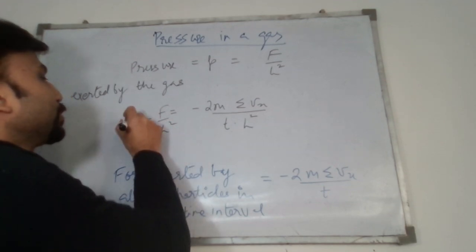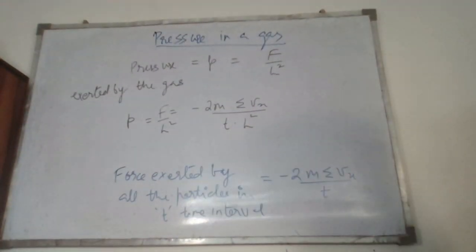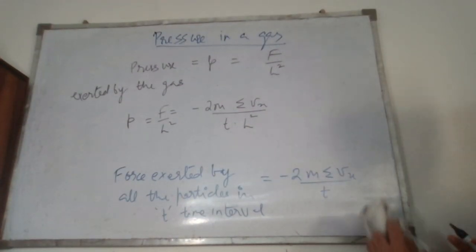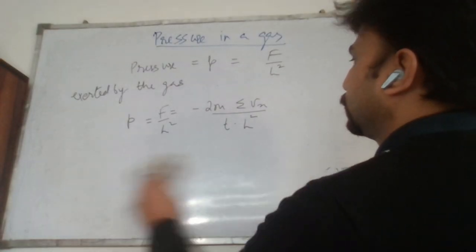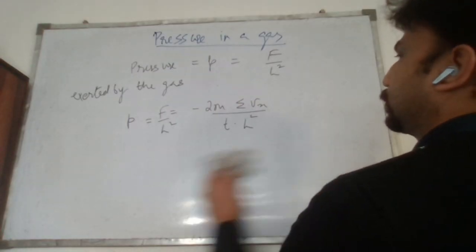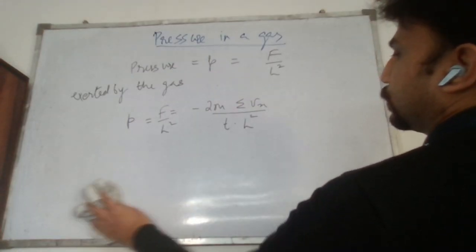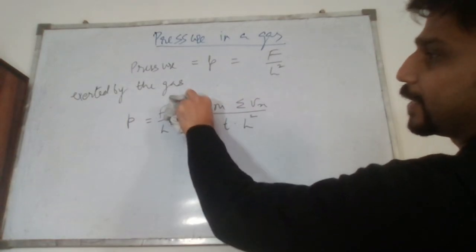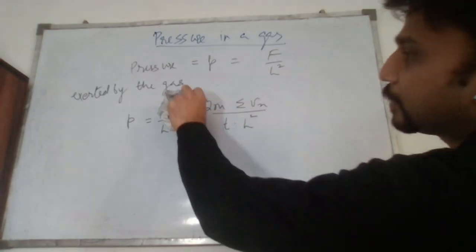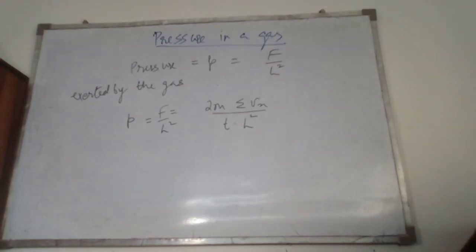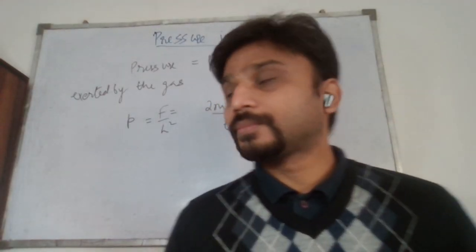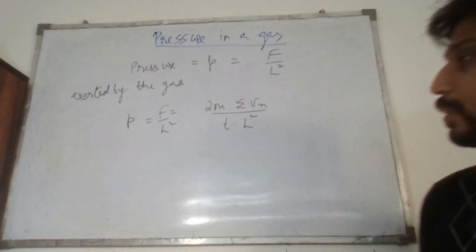So this is our pressure P. We can drop the negative sign because we only need the magnitude of the force.